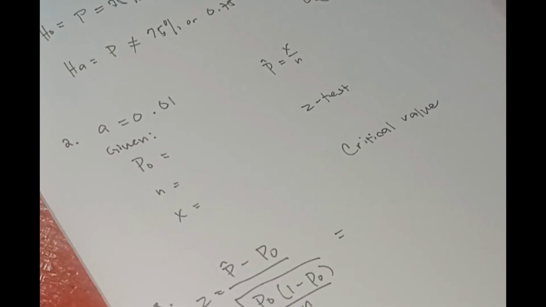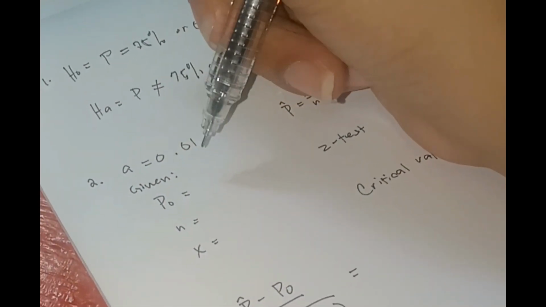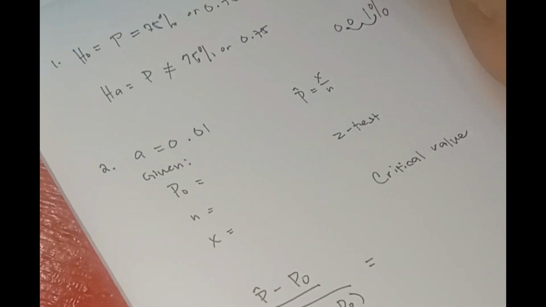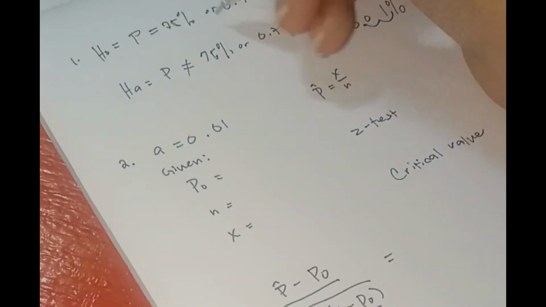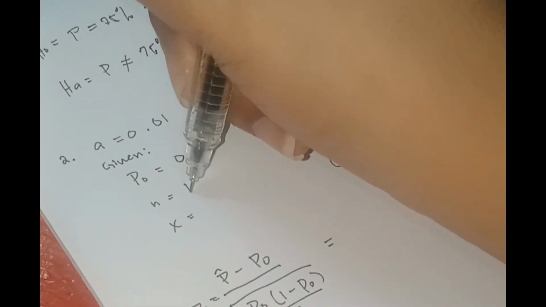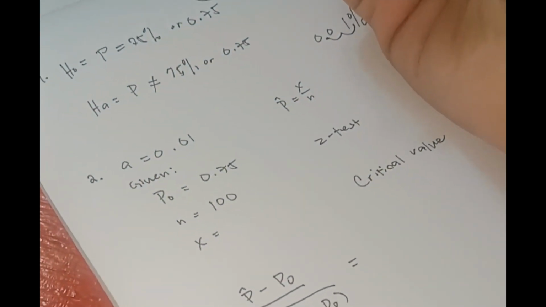So, from 1%, meron tayong significance level na 0.01. So, yung given natin, P sub 0, ito yan, 0.75. Yung N, ilan yung sinurvey niya, yung population nun, 100, at ilan yung nag-respond. So, 54, yung sample with respond or reply.